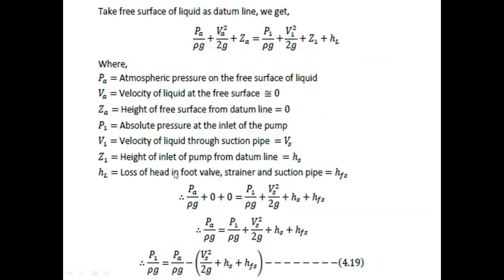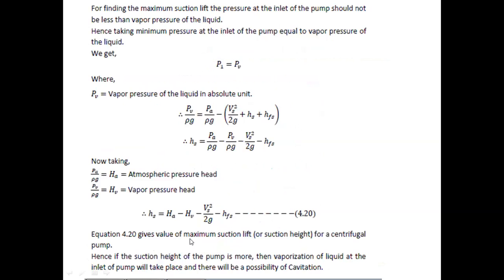Take the free surface of the liquid as datum, and applying Bernoulli's equation, find out all parameters. The velocity of liquid at the free surface is 0, and the height of the free surface is also 0 from the datum. So put the value of 0 and rearrange the equation.